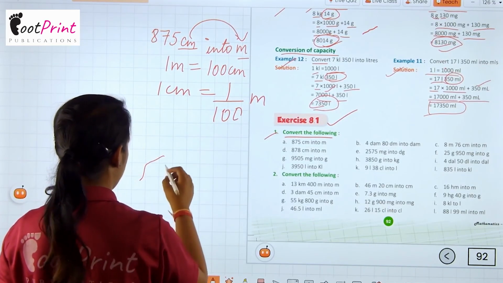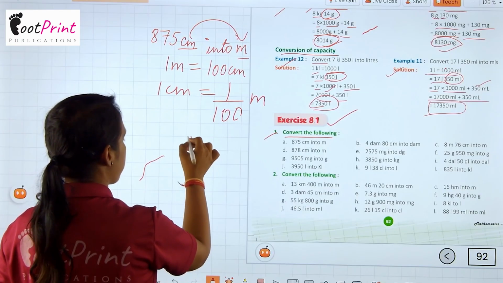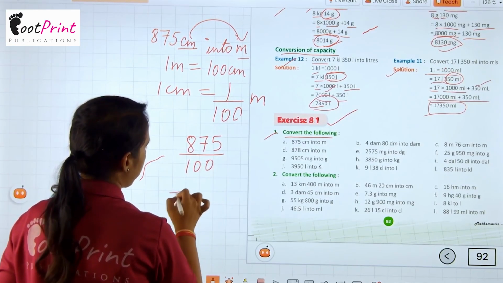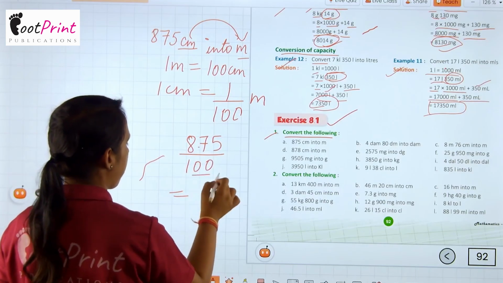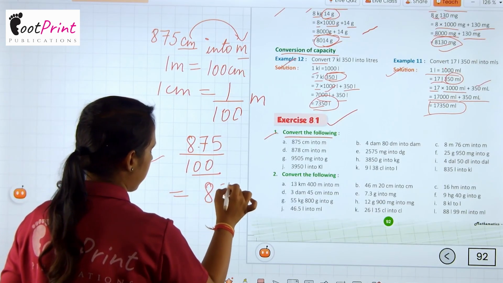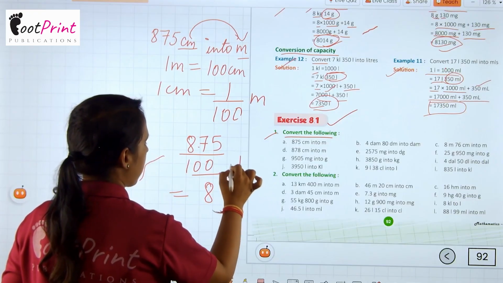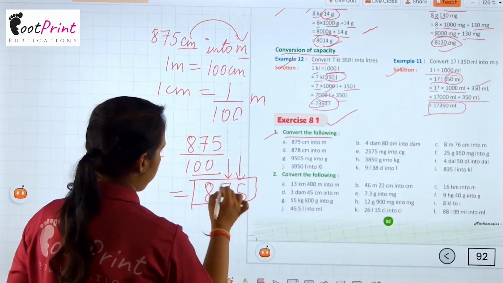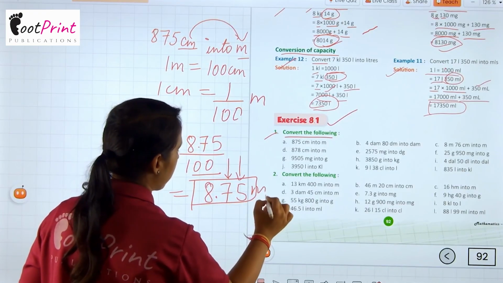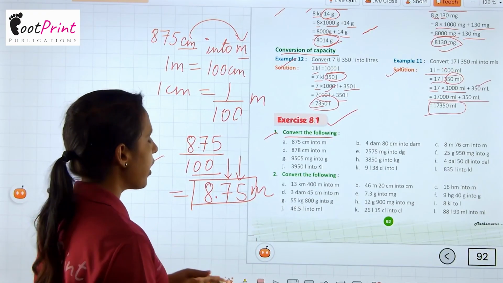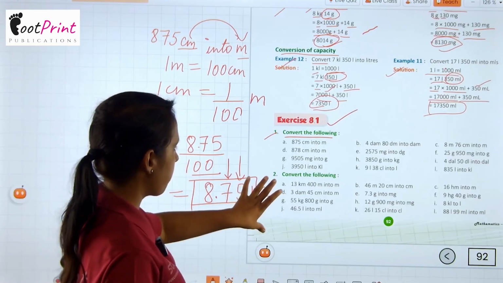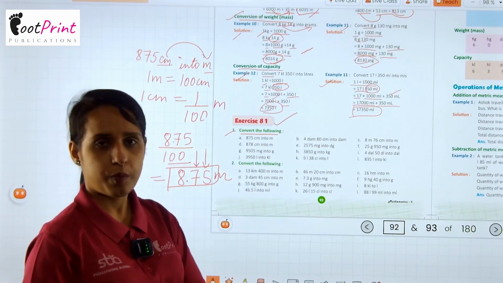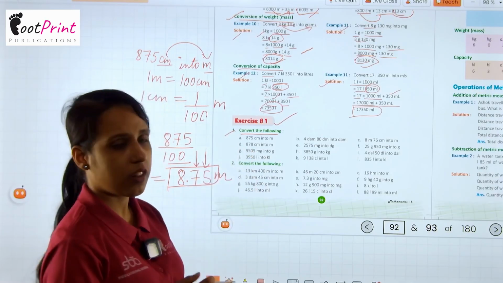So in this way, we divide 875 by 100. We count 2 places, so here we write 8.75, and the answer will become 8.75 meter.